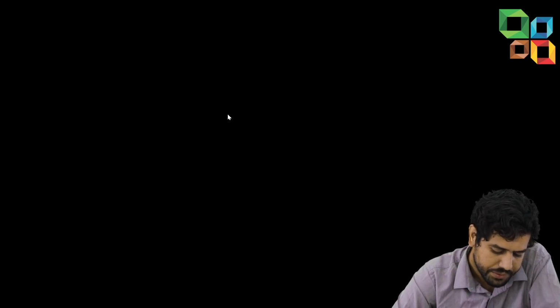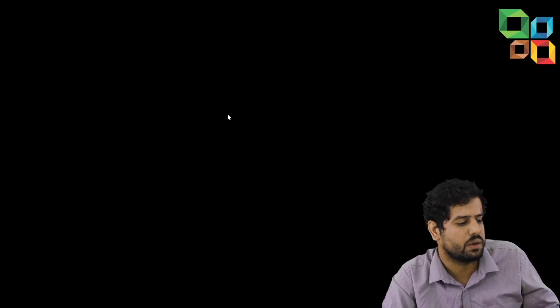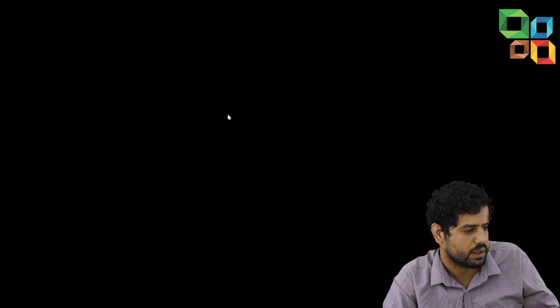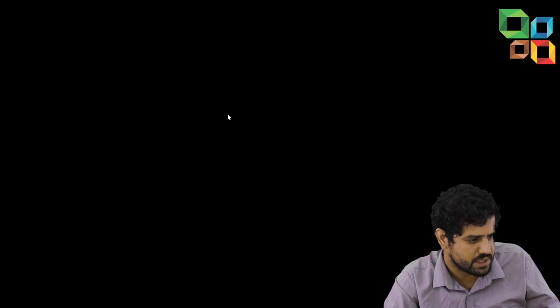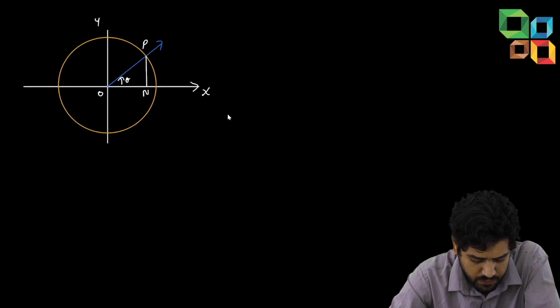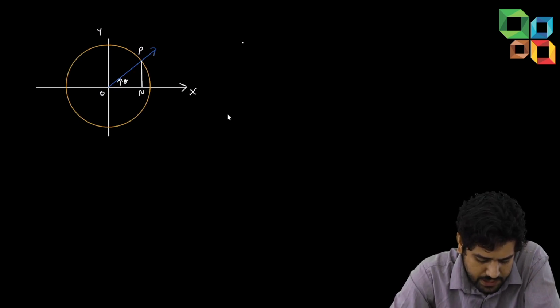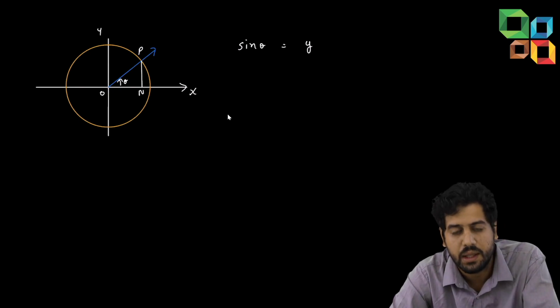Okay. So now we are going to look at trigonometric ratios of some complementary angles. Okay. And we're going to do some other angles also later. So first, let's look at these angles. So in this, sine theta is nothing but the y coordinate, right?